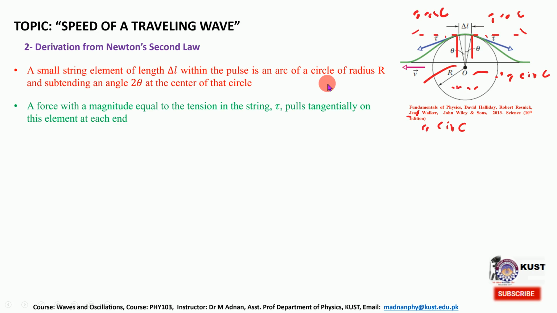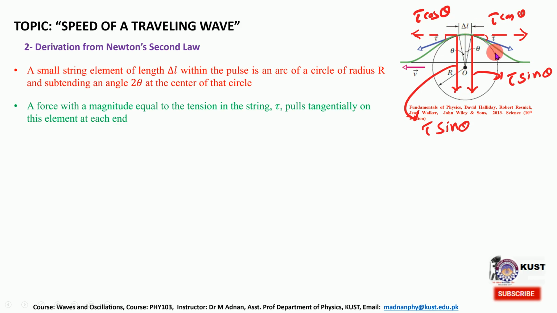Now, if this is theta, this will be the tension times cos theta, and this will be again tension times cos theta, while these will be the vertical components, the tension times sine theta, which we have shown here. So the horizontal components will cancel out, and the sine components of the tension will add up, and that will be radially inward.